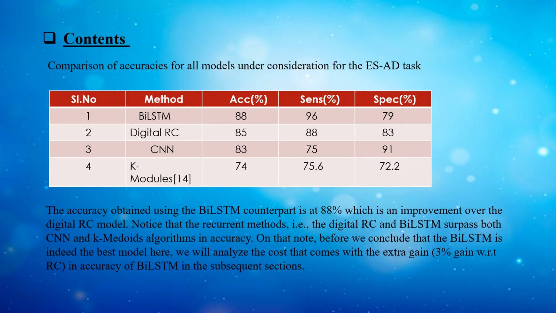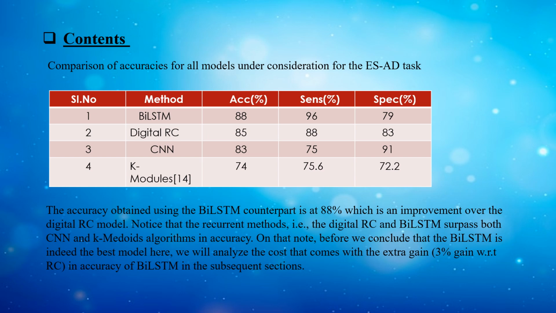So coming towards the comparison of accuracies for all the models under consideration for the ESAD task. The BiLSTM accuracy was 88%, CNNs were 96, 79 and so on, digital RC is 85, 88 and 83 respectively, and the K-medoids are 74, 75.6 and 72.2.